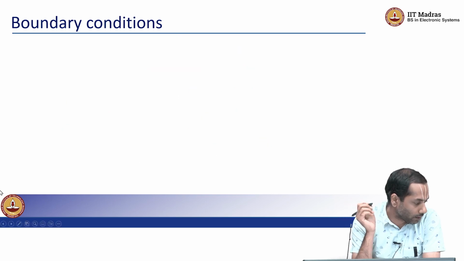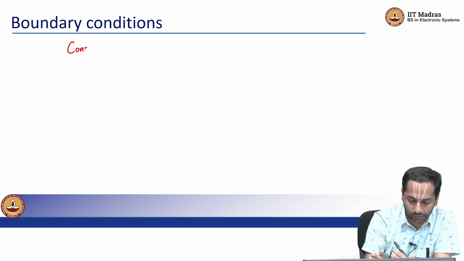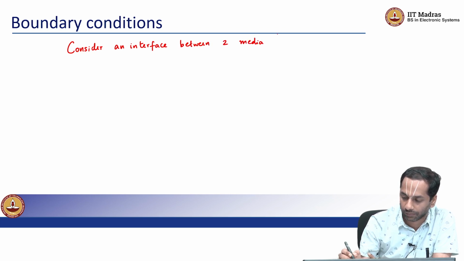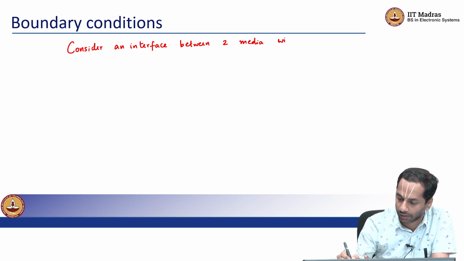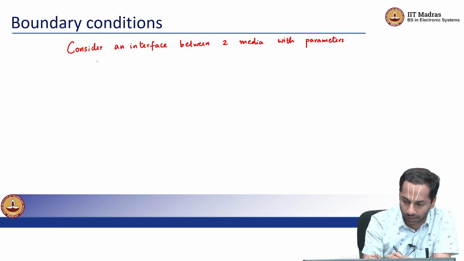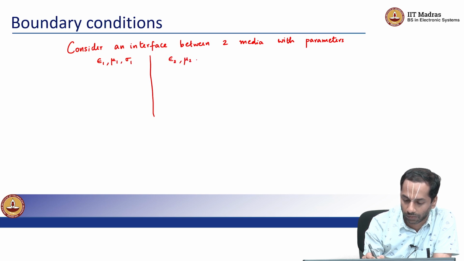All right. So, let us consider in general an interface between two media, with parameters epsilon 1, mu 1, sigma 1 and epsilon 2, mu 2 and sigma 2.